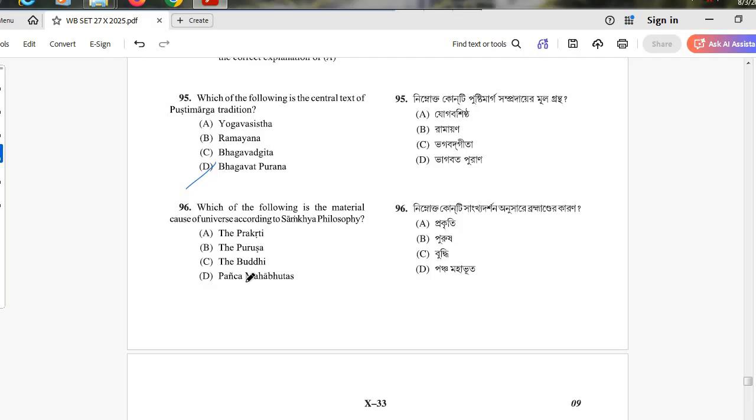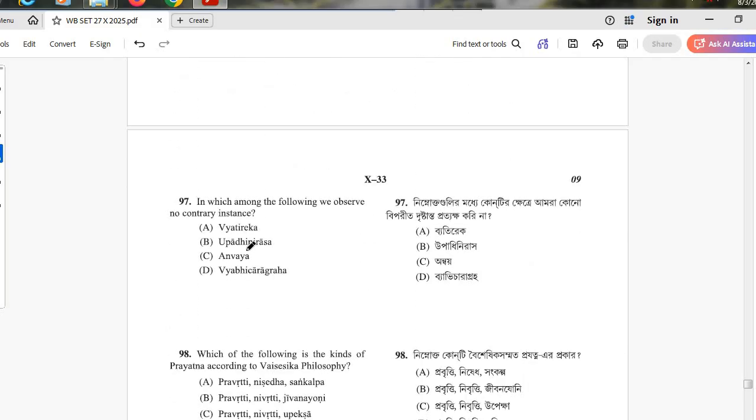The Prakriti, the Purusha, the Buddhi and Pancha Mahabhuta. Question 96, the correct answer is A. Question 97: In which among the following do we observe no contrary instance? Vyatireka, Upadhinirasa, Anvaya and Vyabhicharagraha. Question 97 is D, Vyabhicharagraha.